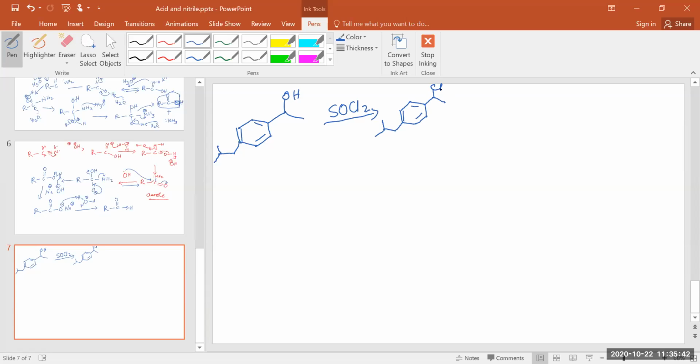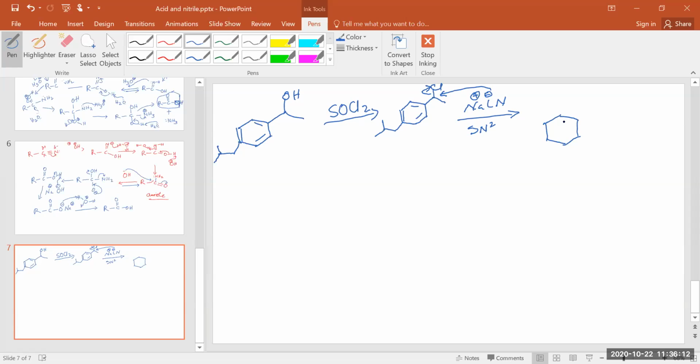This reaction you guys have seen many times. Then you take sodium cyanide. What will happen now? SN2 reaction. See this, try to understand this, very important, it will be helpful for multi-step synthesis, okay?